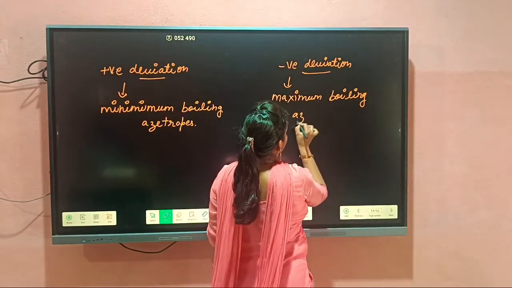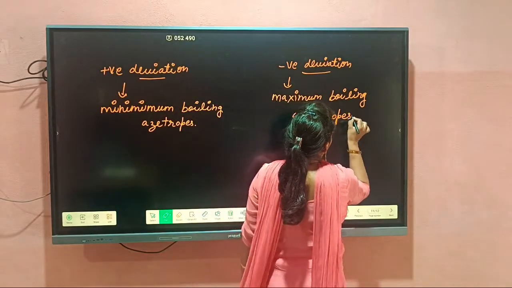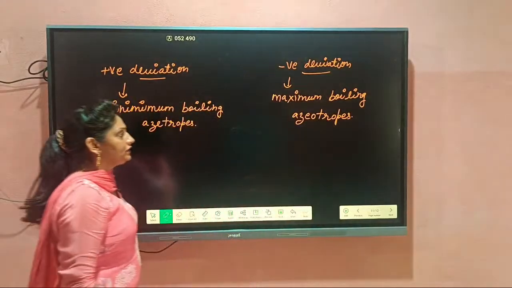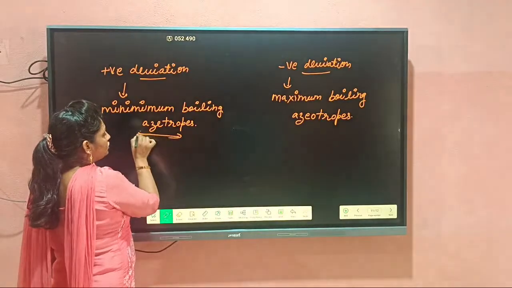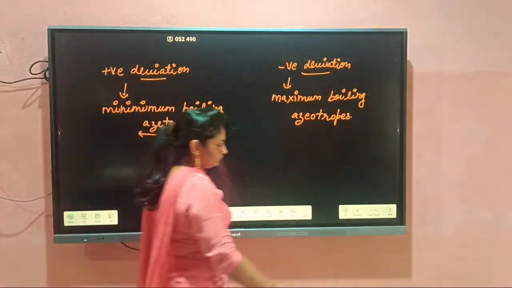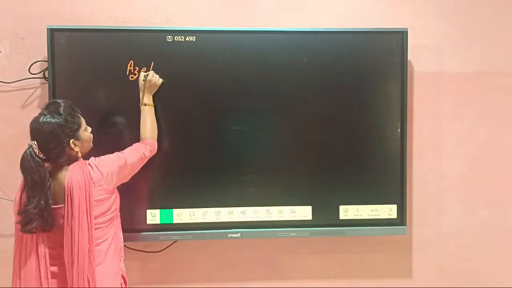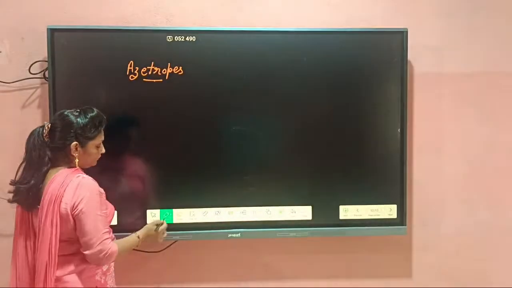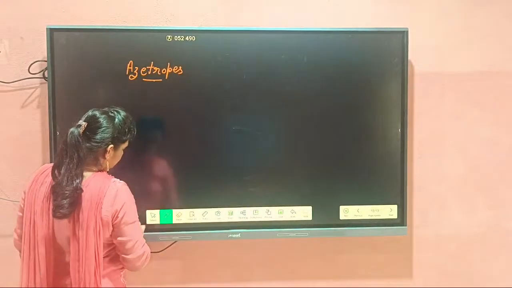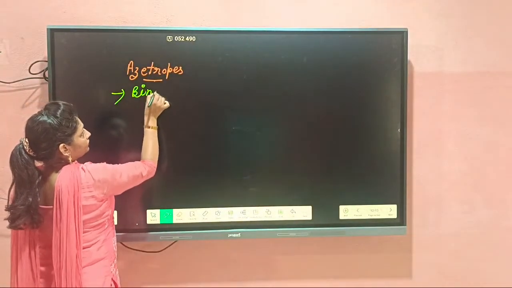So what do you mean by the azeotropes and what do you mean by the minimum boiling and maximum boiling? So now we will discuss the azeotropes. Students, what do you mean by the azeotropes? Azeotropes are binary solutions.